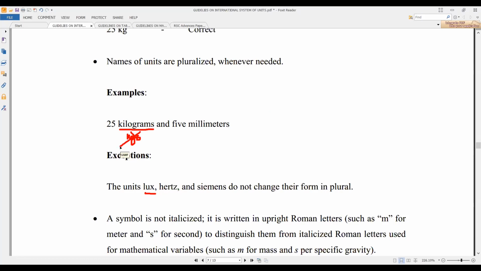If at all we want to use the plural form, then we should write kilograms in words, millimeters in words. But while using 25 lux, 25 hertz, we don't write hertzes, we don't write luxes, we don't write Siemenses, right? These are few exceptions.